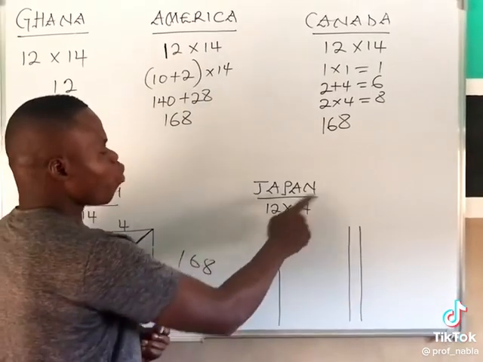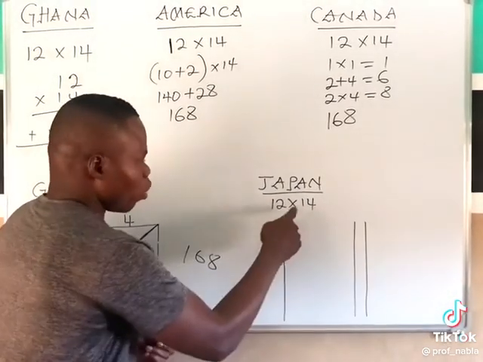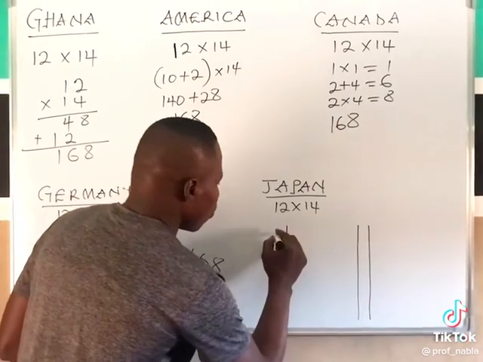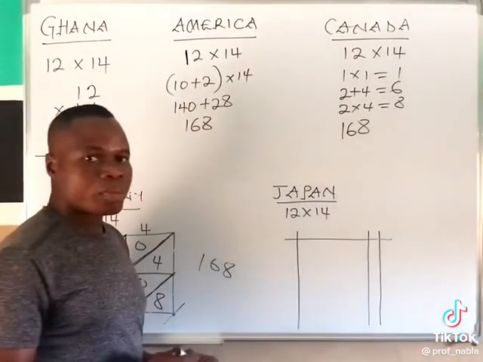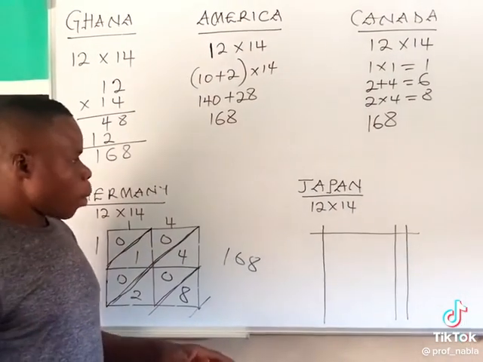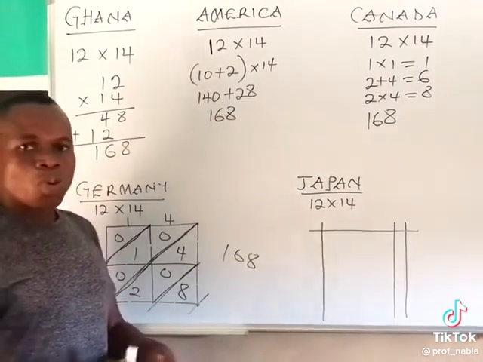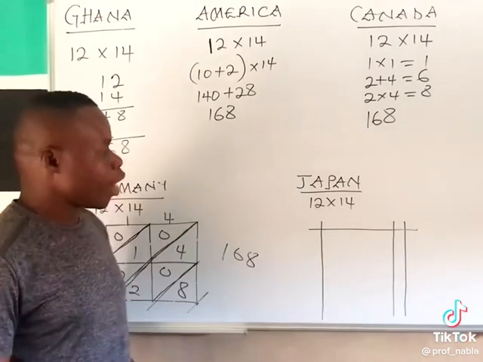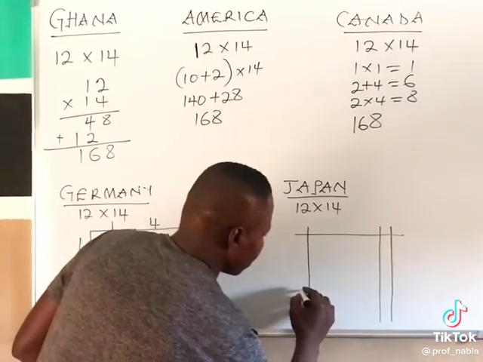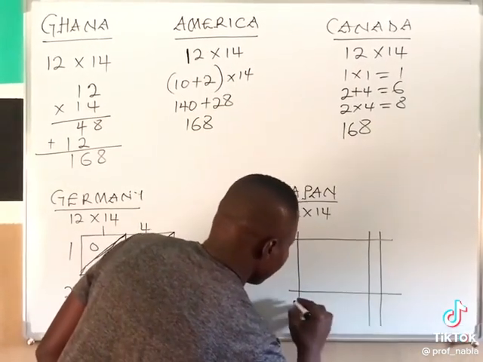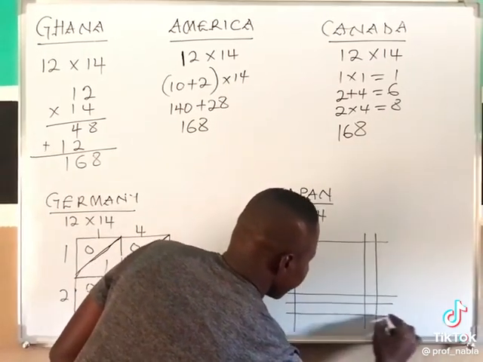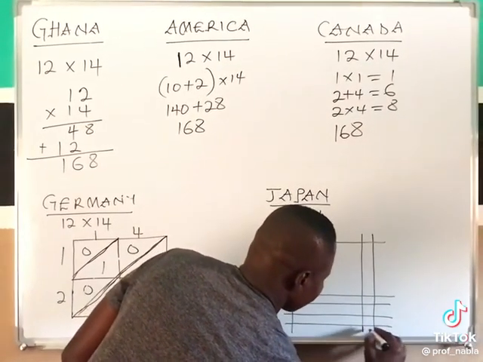Then after that, the student will move to 14. Look at the first digit, which is 1, and draw one line on top. Now, if you move to the second digit, which is 4, the student will leave space and come down and draw 4 horizontal lines. That is 1, 2, 3, 4.